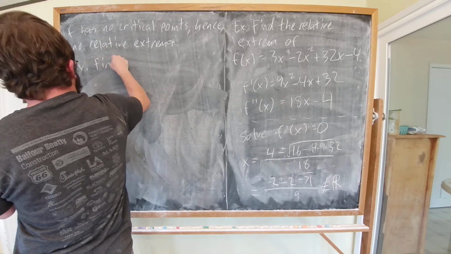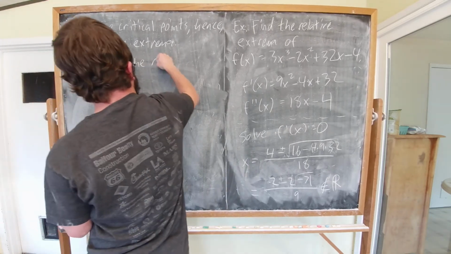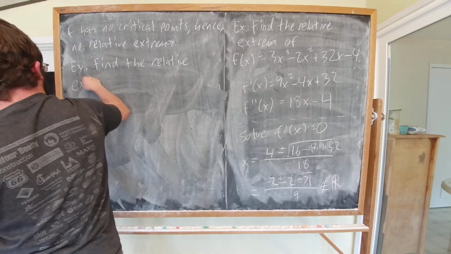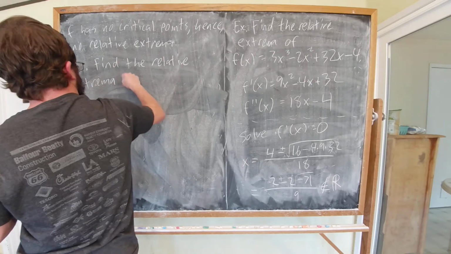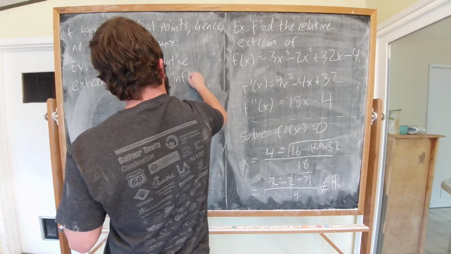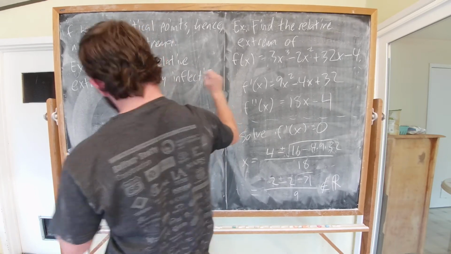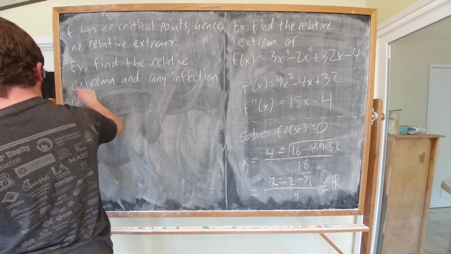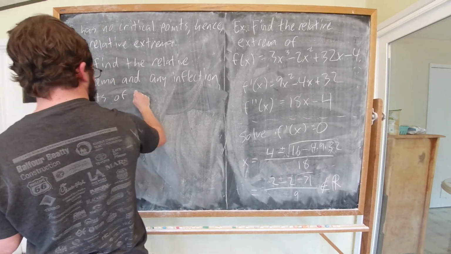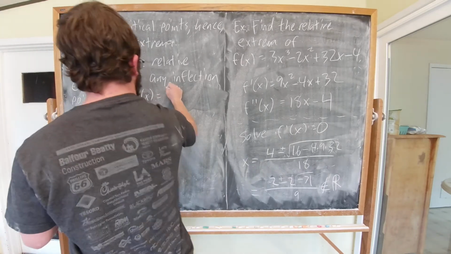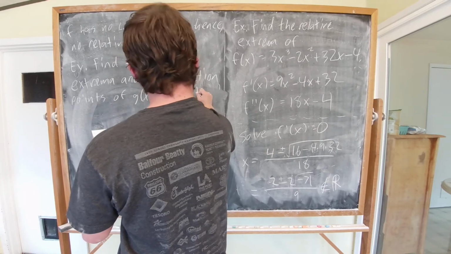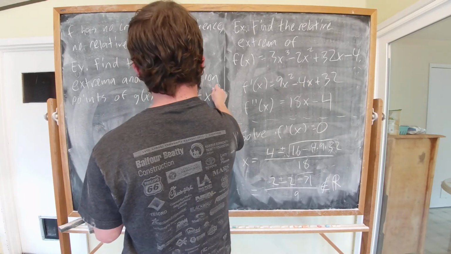Let's find the relative extrema and any inflection points of g of x equal to 1/12 x to the 4th minus 1/2 x squared.